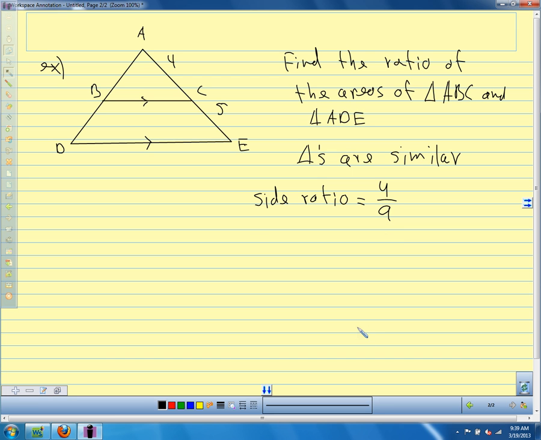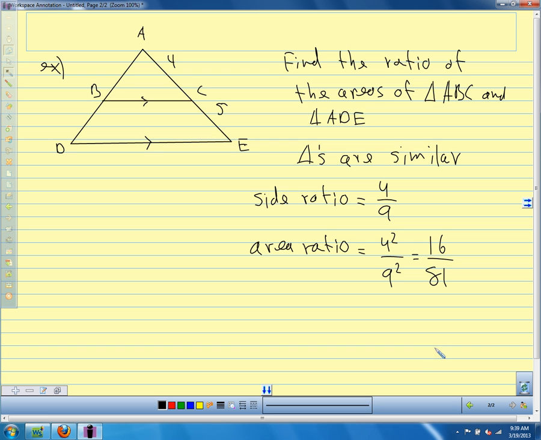The area ratio? We just square that. 4 squared over 9 squared. 4 squared is 16 and 9 squared is 81. So their area ratio is going to be 16 over 81.